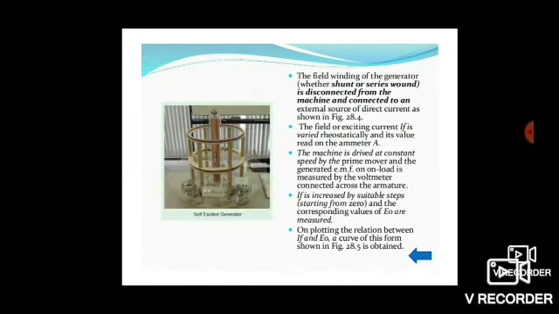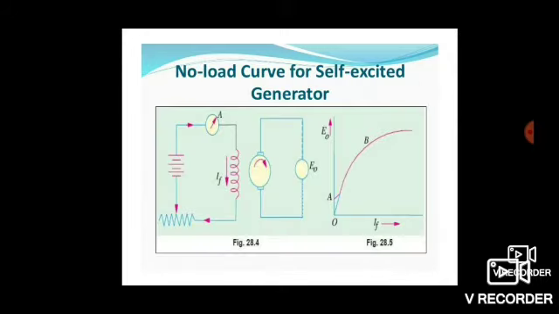IF is increased by suitable steps starting from 0 and the corresponding values of E0 are measured. On plotting the relationship between IF and E0, a curve of this form shown in figure 28.5 is obtained. This is called the no load curve for the self-excited generator.